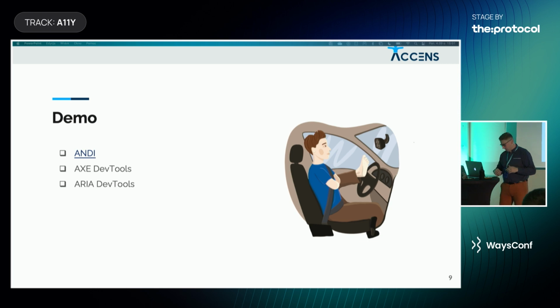I want to show you three tools. Hopefully time will help us. So the first is Andy. I've got it open already. So what will I be testing? I will be testing the WaysConf page, and you cannot see it. Let me check.